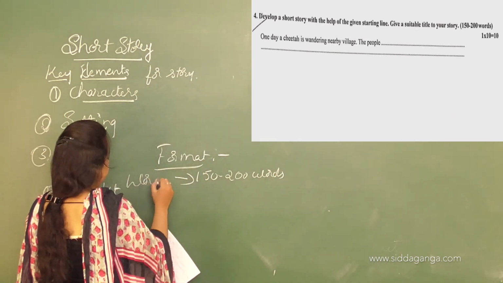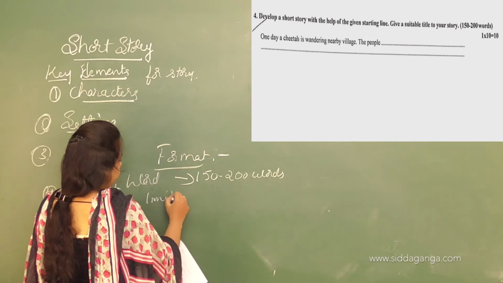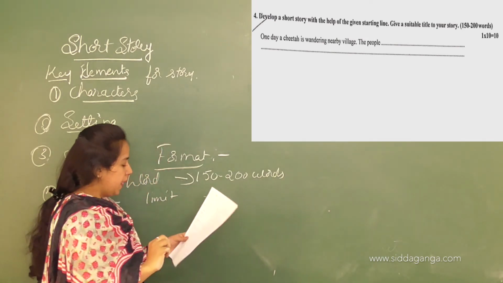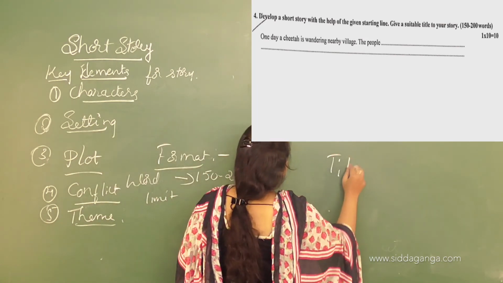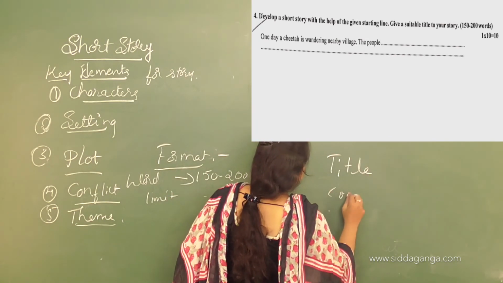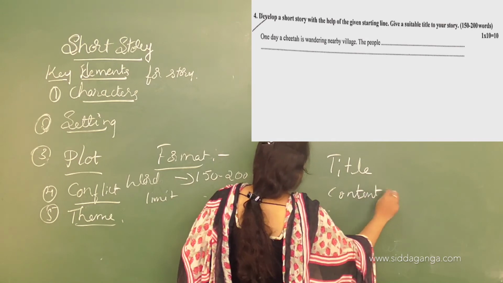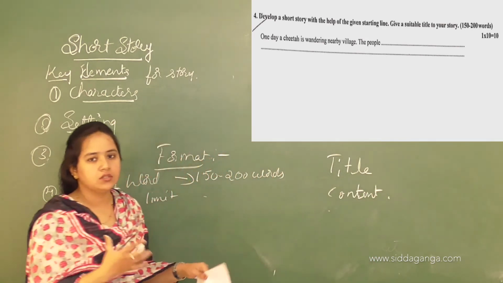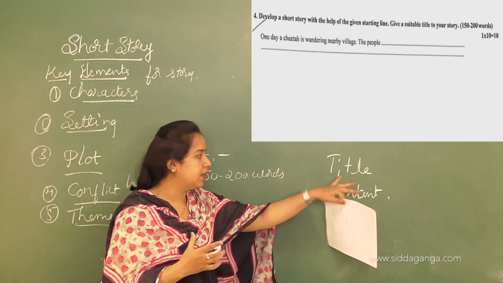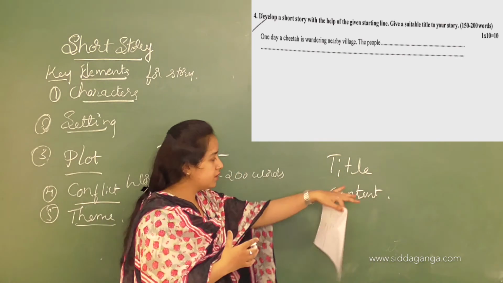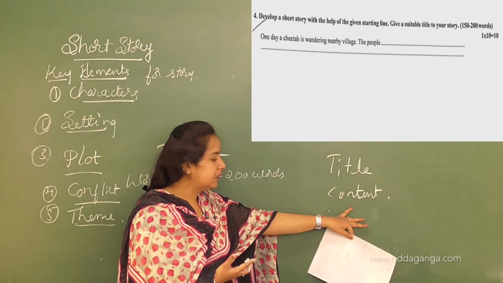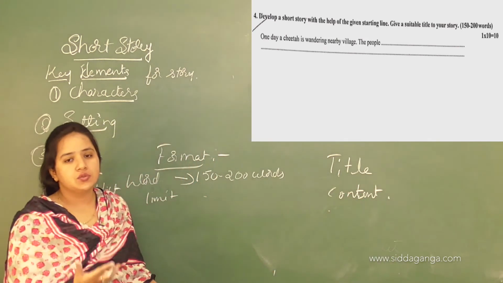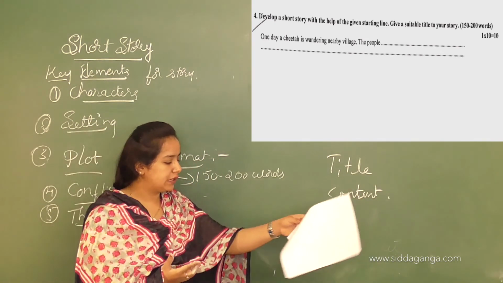Then the first thing is you have to write the title, then the content. When you develop the story, all those things are covered in the content. At the beginning you write the title, the name of the story, and then the content, which is the story you are developing.